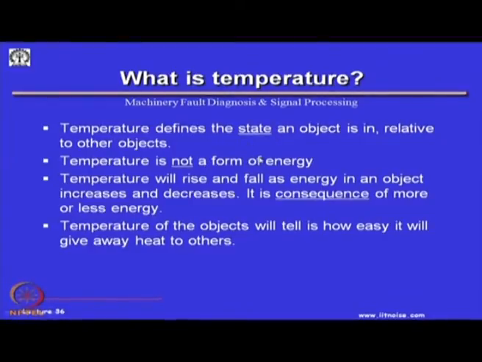Temperature is not a form of energy, but an index of the amount of energy in the body. Temperature will rise and fall as energy in an object increases and decreases. It is a consequence of more or less energy. So, the temperature of objects will tell us how easy it is for a body to give heat to others or take heat from others.